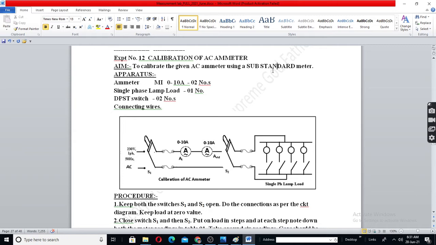Now substandard meter means a very good meter, a fairly accurate meter which is calibrated with the help of a standard meter. Say, from that meter scale, you have manufactured another meter scale. From now, the second becomes a substandard meter scale.